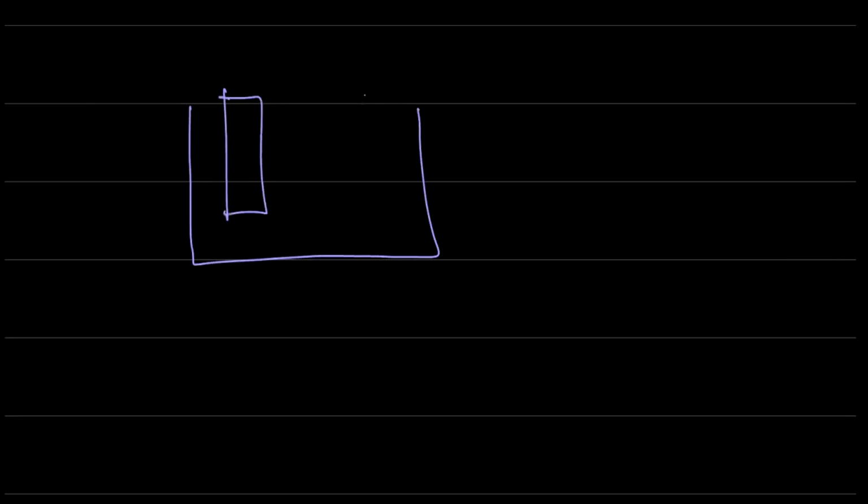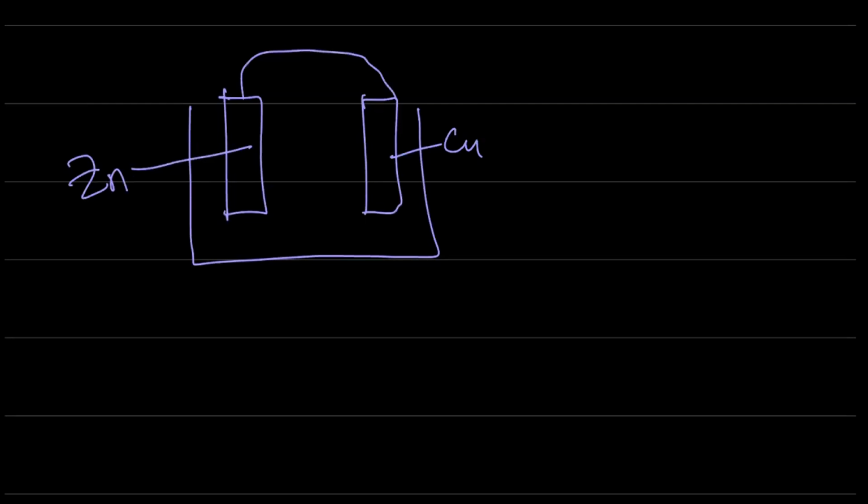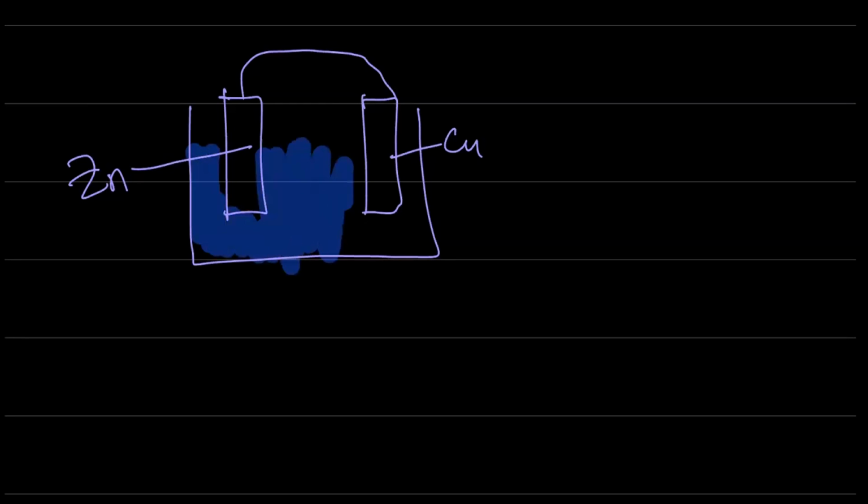We use it to make cells as well. So for example, if I had zinc here and copper here. So this is copper and this is zinc. And I just join them with a wire. I haven't done anything, I haven't connected any battery, and I put some aqueous solution here, copper sulfate or anything, doesn't matter, sodium chloride solution, anything.